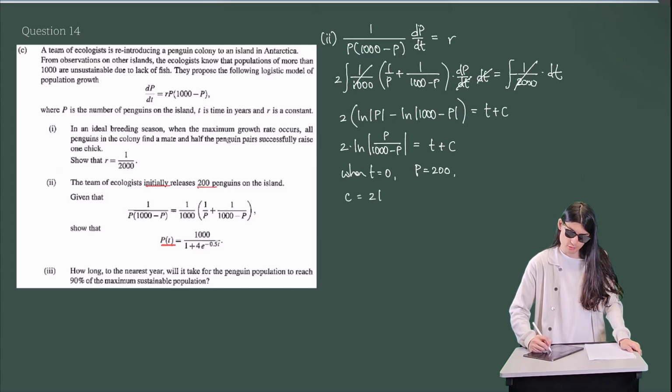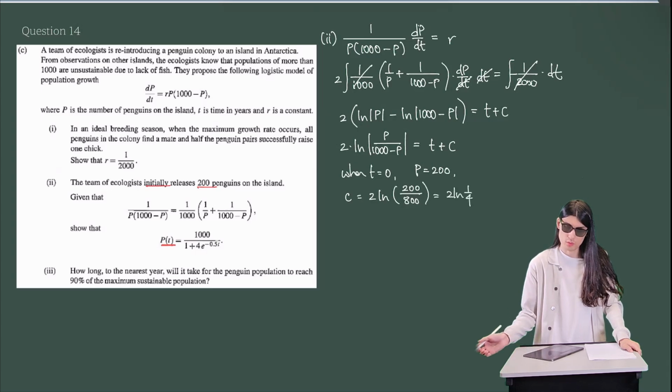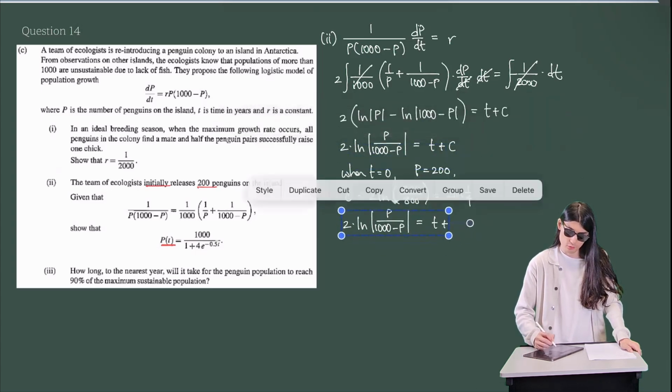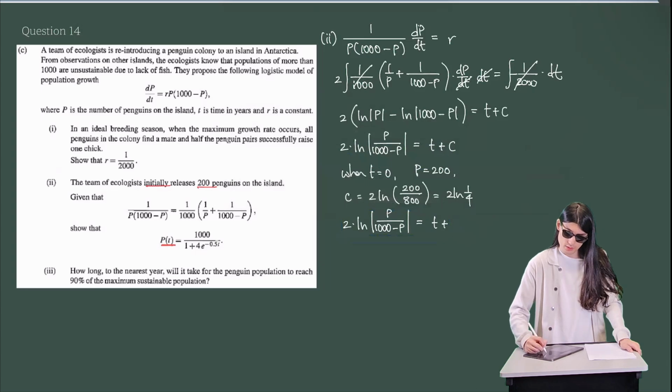On the other side, you got 2 times ln 200 over 800, which of course simplifies down to 1/4, doesn't it?